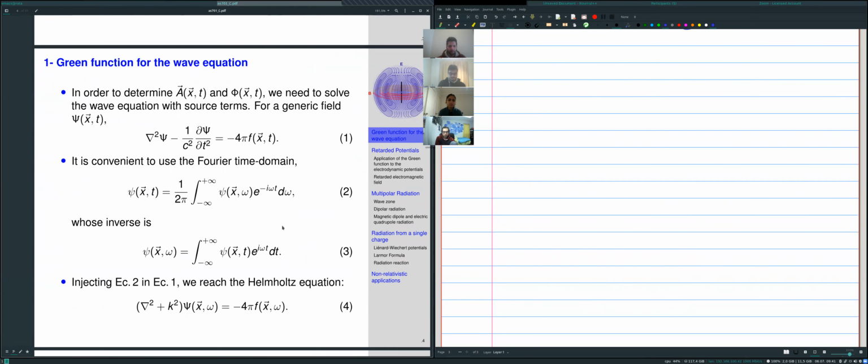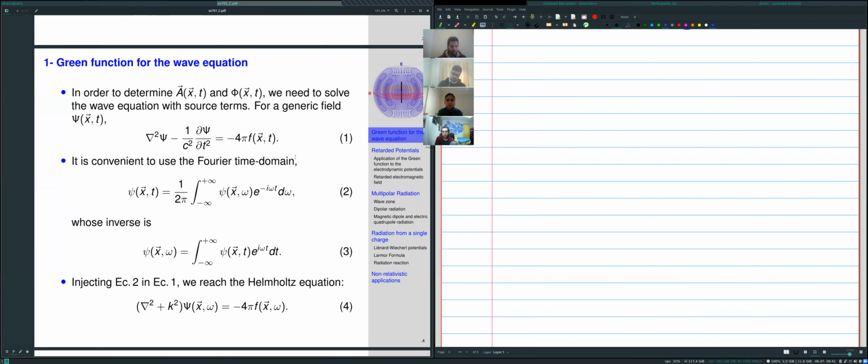Equation one is what we're trying to solve, where phi really is any of these components, and it just depends on what source term we're using. Which source term is which is what we saw in the last chapter.